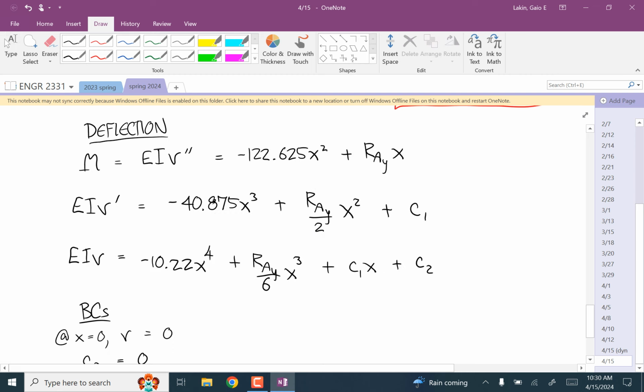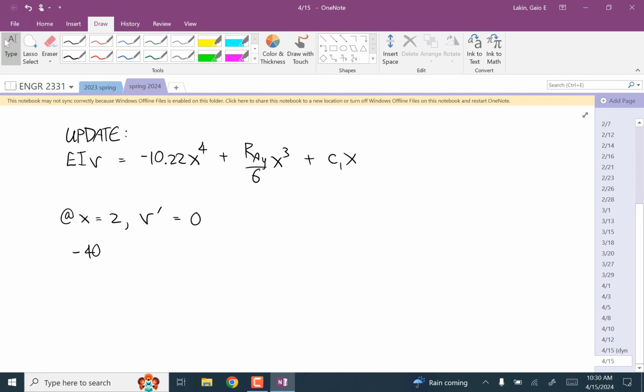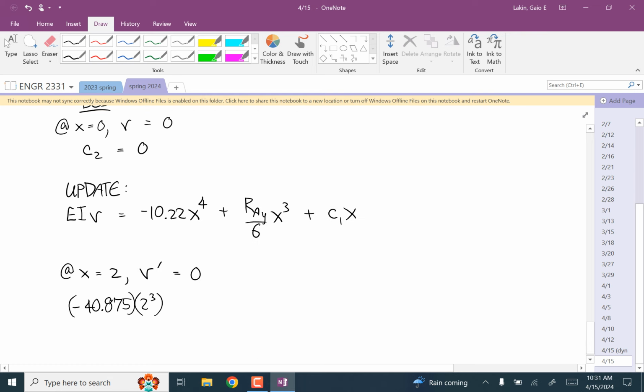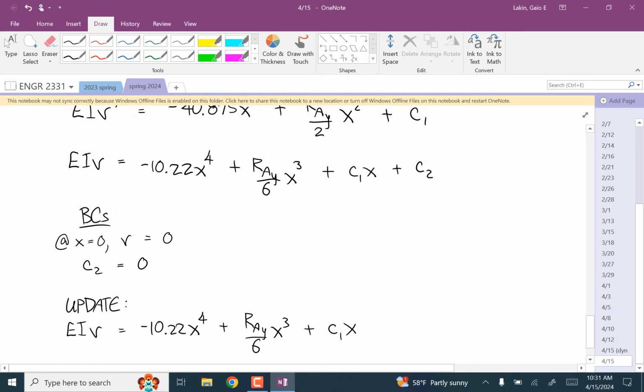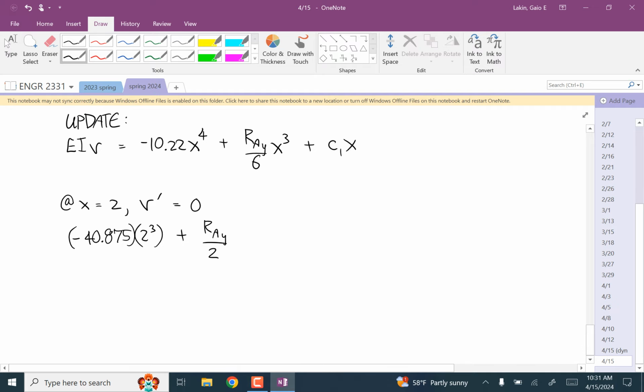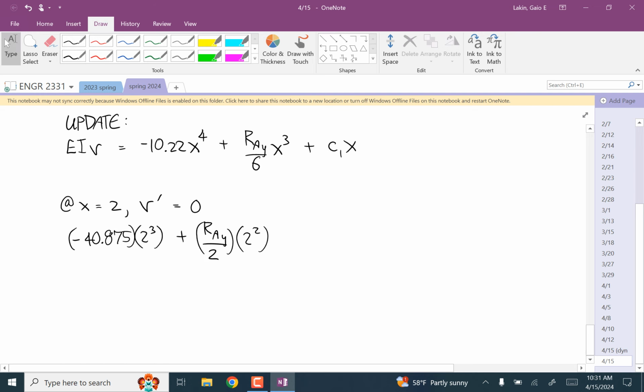Okay, negative 40.875 times 2 cubed plus RAY over 2 times 2 squared plus C1 is equal to 0.